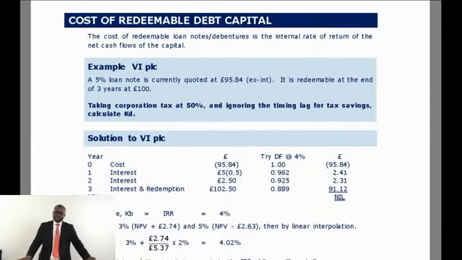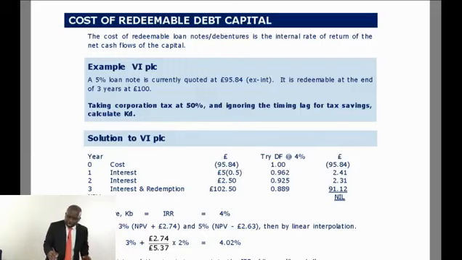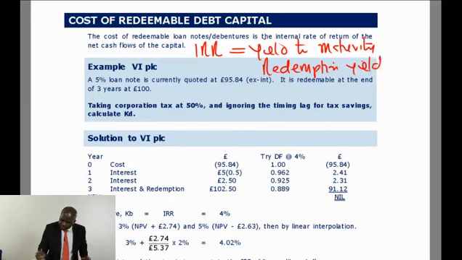Cost of redeemable debt capital. If it's redeemable debt capital, the cost of it will be the yield to maturity. You would have to pay a return up to maturity. So they normally call it the internal rate of return, or yield to maturity, or somebody will say redemption yield.